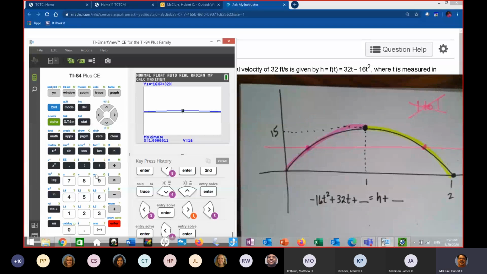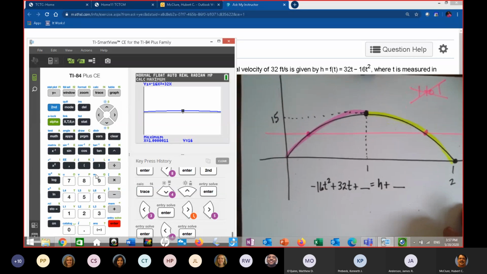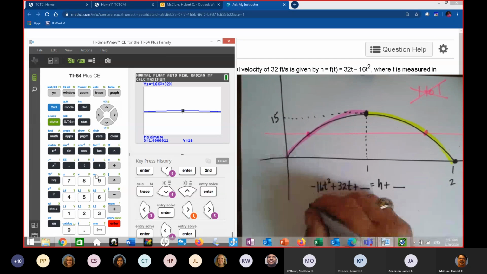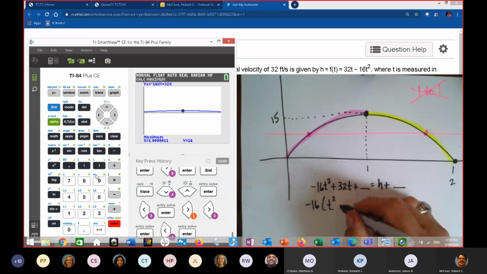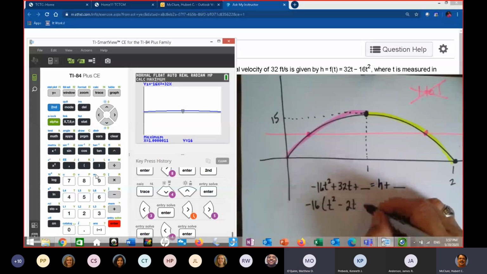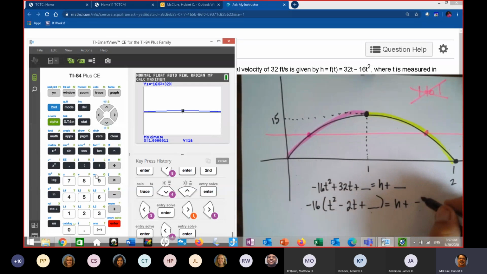Now I want you to complete the square. I'll start you off by factoring out a negative 16. That gives you t squared minus what? 2t plus blank is equal to h plus negative 16 times blank.